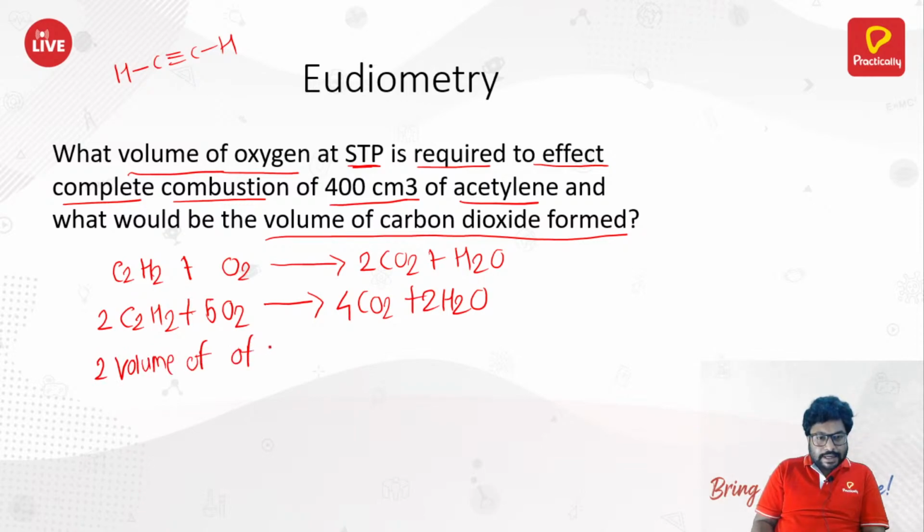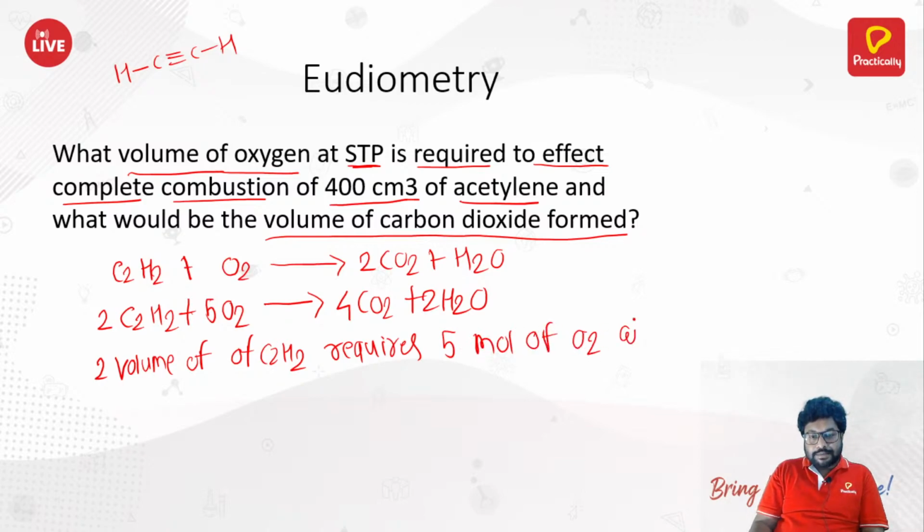What they asked is what volume of oxygen at STP is required to effect complete combustion of 400 centimeter cube of acetylene, and what would be the volume of CO2 formed. So 2 volumes of C2H2 require 5 volumes, or I would say 5 moles, of oxygen at STP.